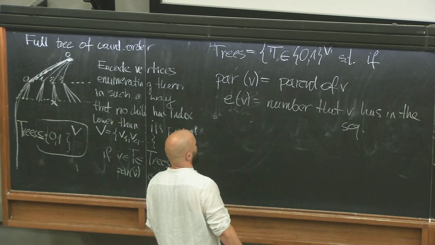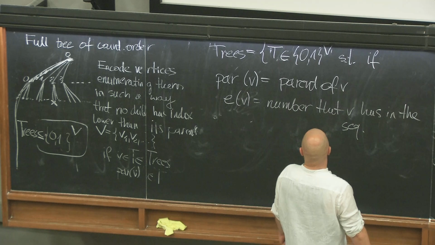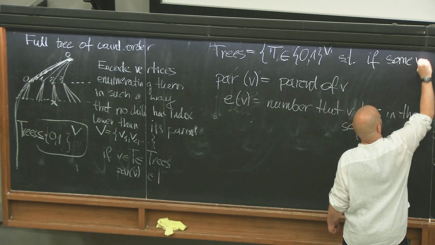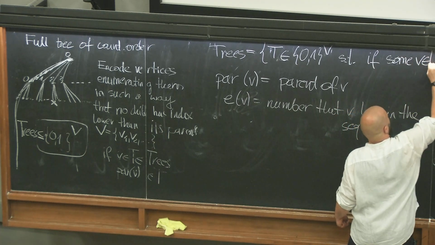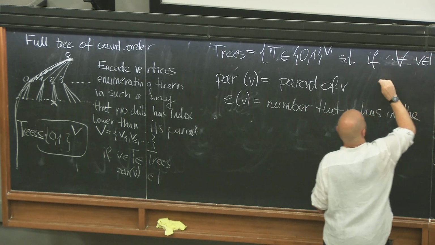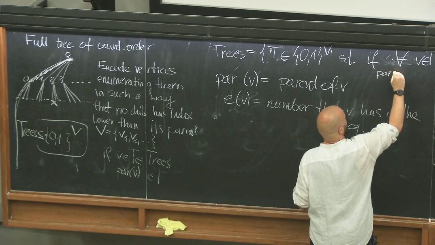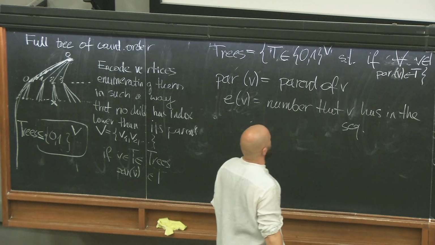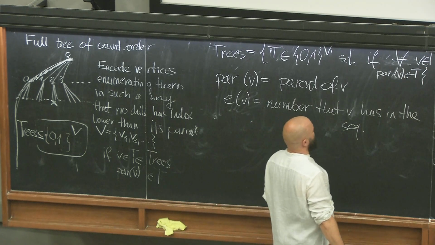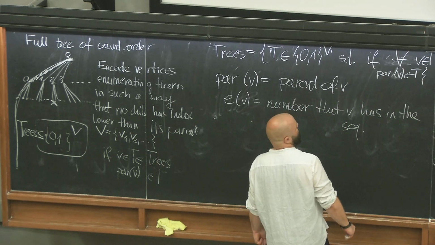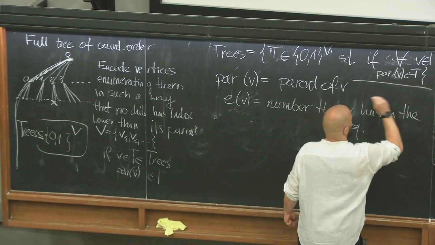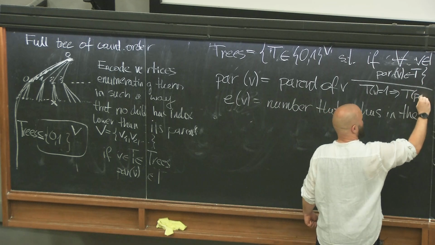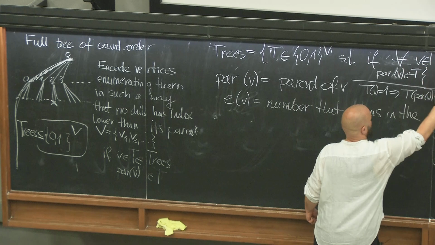So if I have T such that for every V in T, the parent of V is also in T, right? Which means, in terms of characteristic functions, if T of V is equal to 1, then T of parent of V is equal to 1, right?